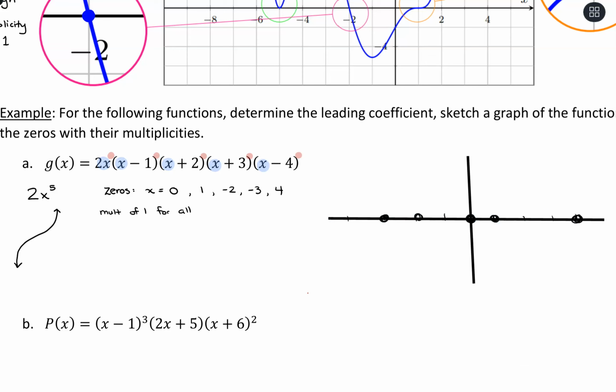I know my function is going to be coming from negative infinity and going off to positive infinity, so I have an idea of what's going on in the long run. And then we're just going through all of those zeros. So I'm going to start down here and then just go through, turn through, something like that for a very, very general sketch. But not too bad, just given that little bit of information.